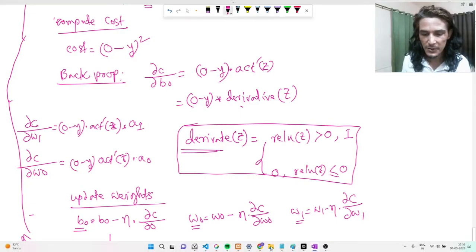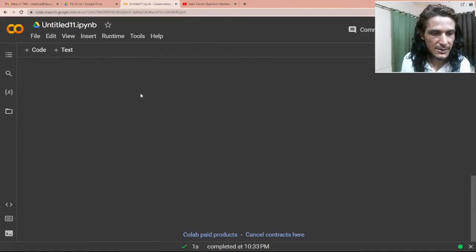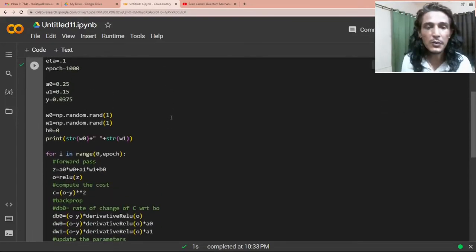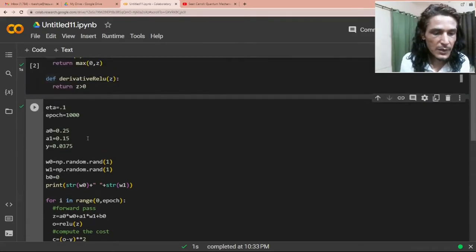Now let's see what will happen. We know that this thing is working and we are using relu as an activation function. If we change the input pairs also, it should still work. For any random number I should be able to train the network.